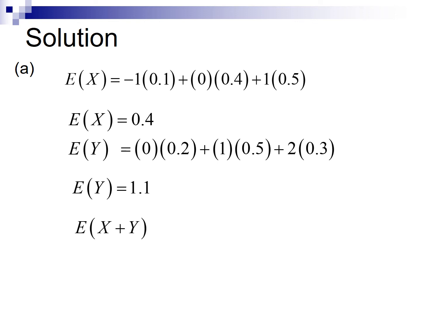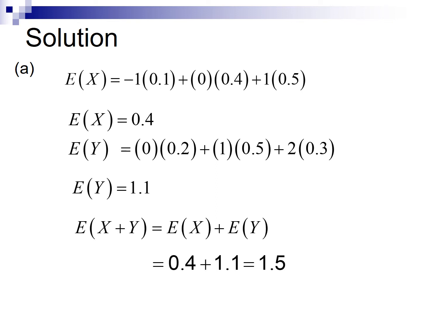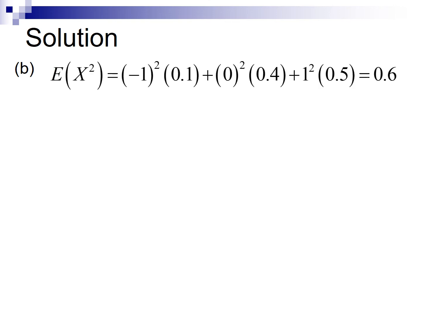So the expected value of x plus y, applying the law number 3, the law number 3 says that it's just E(X) plus E(Y). So you have 0.4 plus 1.1, 1.5. Okay. Part B, you need to find E(X squared) first in order to get the variance.